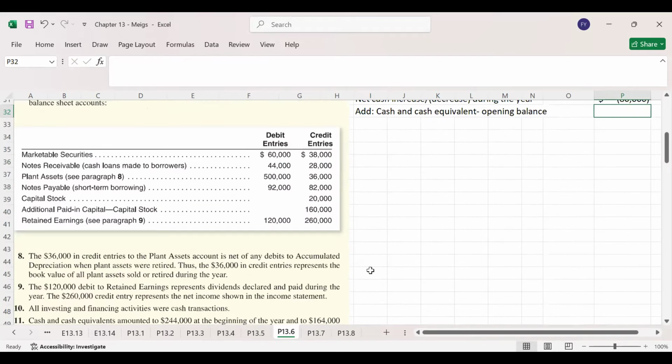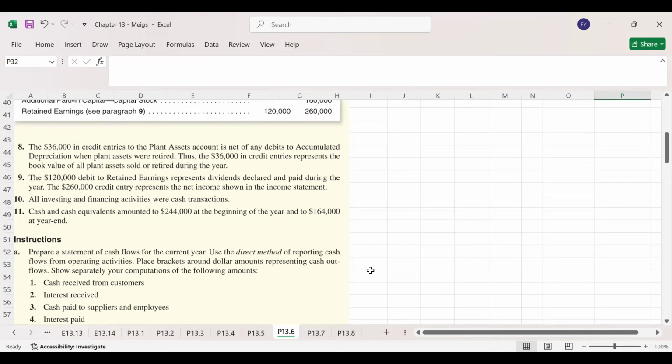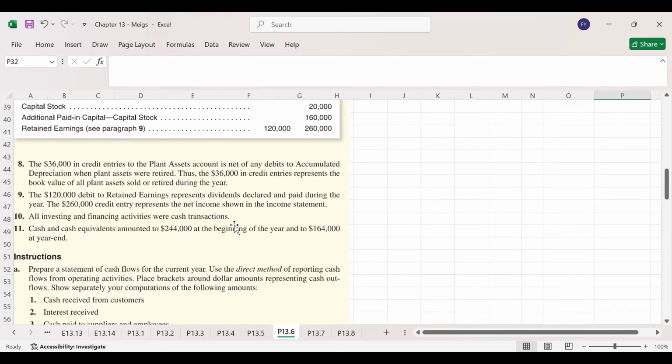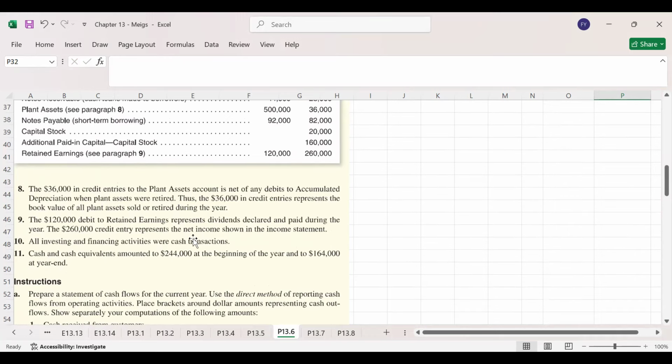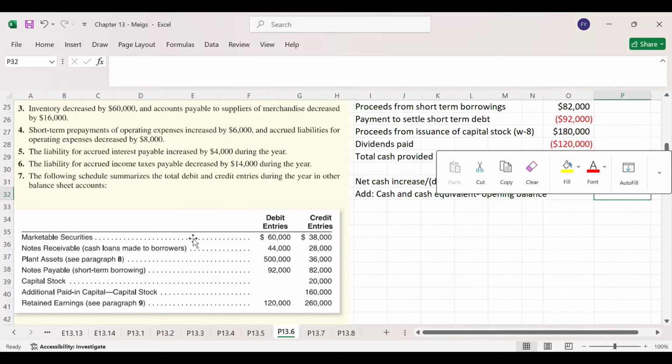At the beginning of the period it is $244,000 and at the end of the period it is $164,000. So the opening balance is $244,000. We are going to add it.